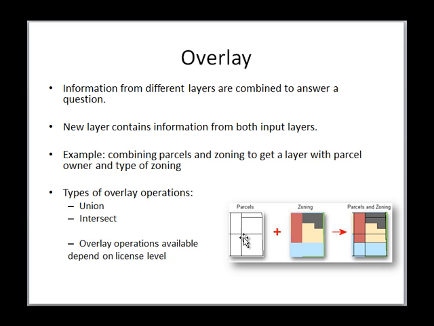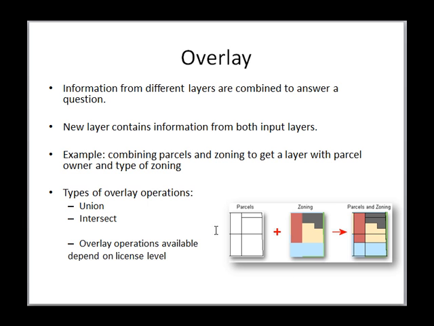Another good example of an overlay operation might be if you had a soils layer and a forest layer, and you wanted to determine what kind of soils were on what kind of forest. You've got this information in two separate layers, and the combination of them not only combines the polygons, but it combines the attributes as well.